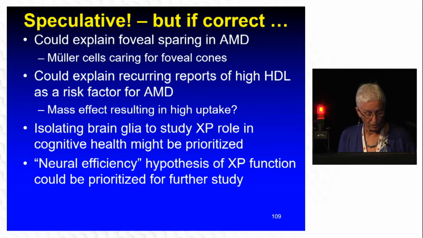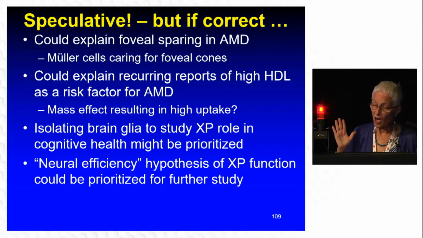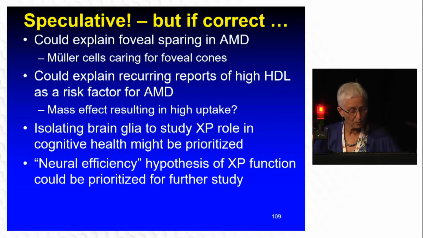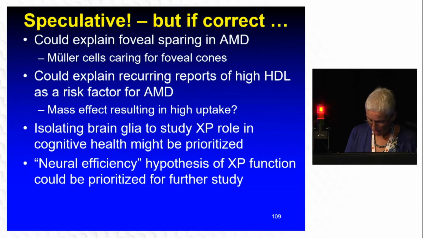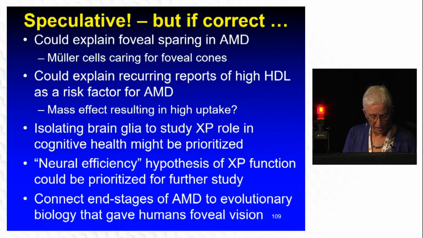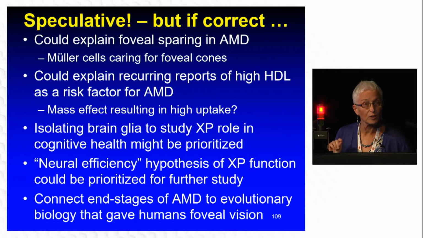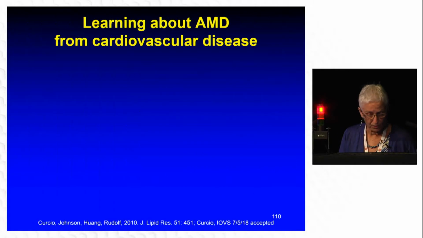Maybe people are doing this already. A concept I learned from a Jim Stringham paper was neural efficiency, that this hypothesis of what xanthophylls are doing could be prioritized for future study, and this is something that Paul's animal models might be useful for. And then it connects, I think, the end stages of AMD to the evolutionary biology that gave humans foveal vision.